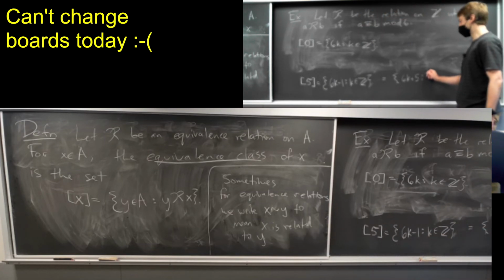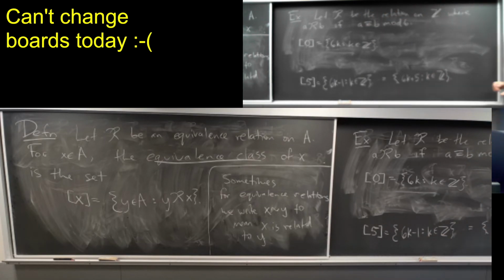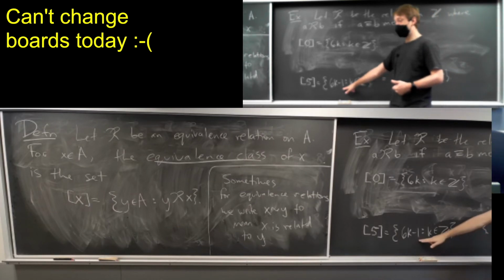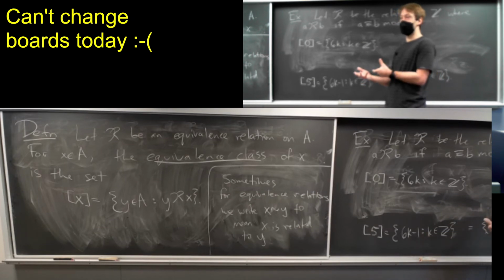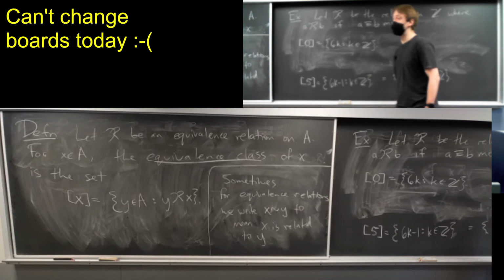But both of these answers are the same, right? In other words, it's all the things that have a remainder of 5 when you divide by 6. Those are the numbers which have the form 6k plus 5. But it's also the numbers that have the form 6k minus 1. If you take anything that's 6k minus 1, it's going to have a remainder of 5 when you divide by 6.